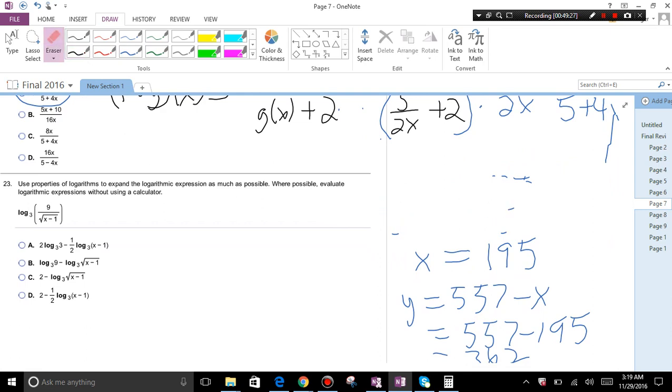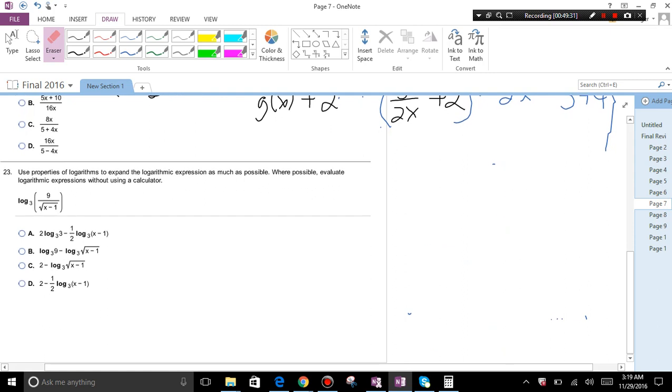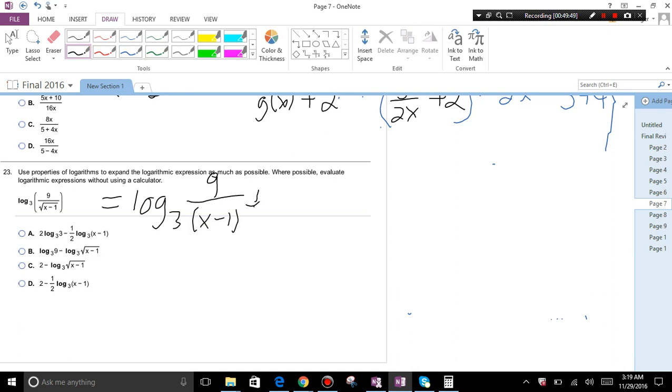#23, we're just remembering log rules. We just have to remember for logs that division turns into subtraction, and all the powers come out in front, and that the square root is the 1/2 power. So the first thing you have to realize is that this is really log of 9 over x minus 1 to the 1/2 power.